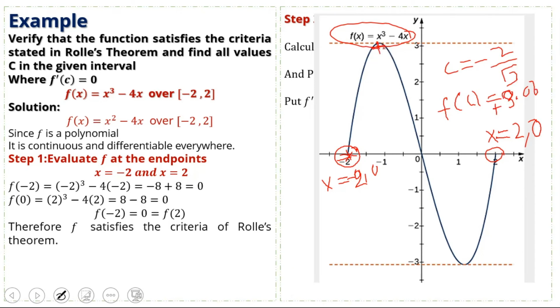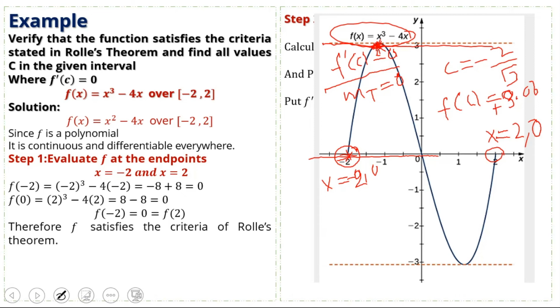At this point the derivative of this function at c is equal to 0, so this is an interior point. The first derivative being 0 means the slope of the tangent line is 0, which means the tangent is parallel to the x-axis, and at this point we have the absolute maximum.